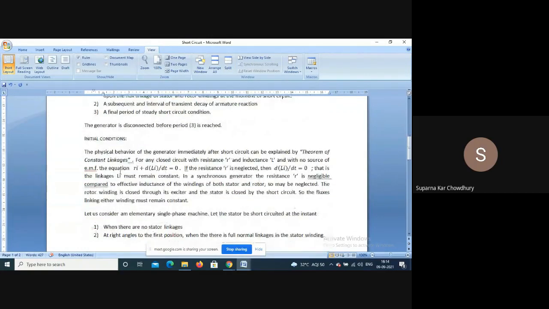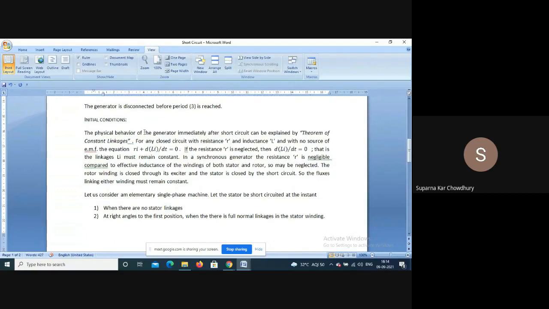Now, how the short circuit condition is affected by the initial condition, that we can explain very briefly.